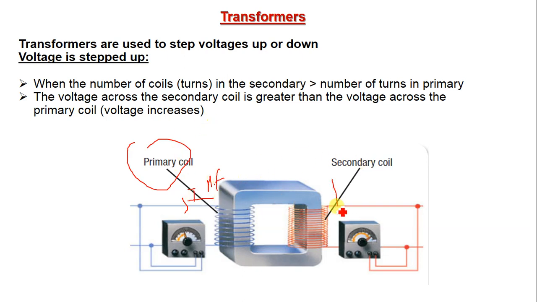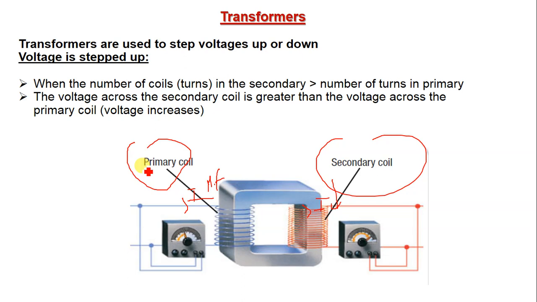So this magnetic field induces what? Current in the second coil. I'm just repeating the details I already said. So the current is induced in the secondary coil, and the secondary coil is connected to the device we want. What can we notice now? Here we can notice that the number of turns or loops in the secondary coil is more than the number of turns in the primary coil.